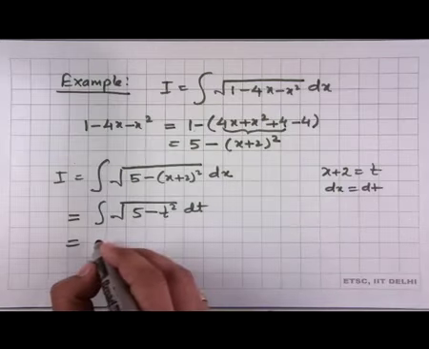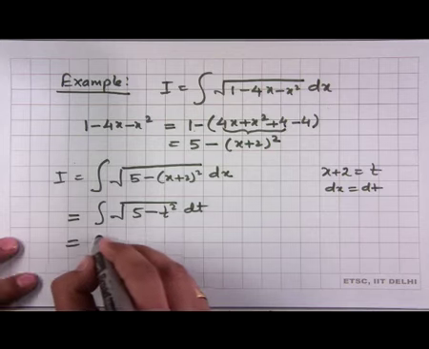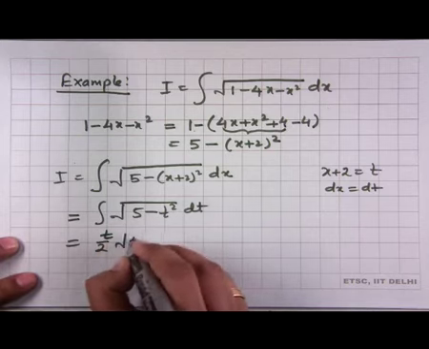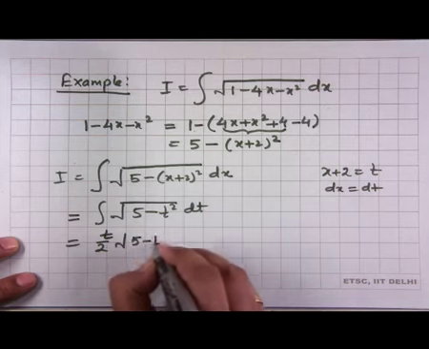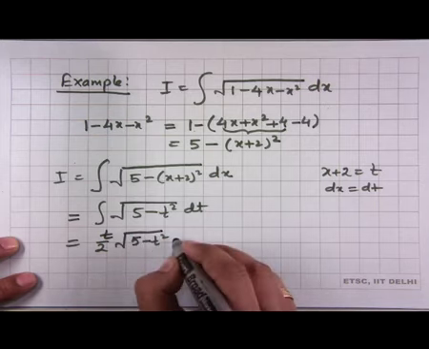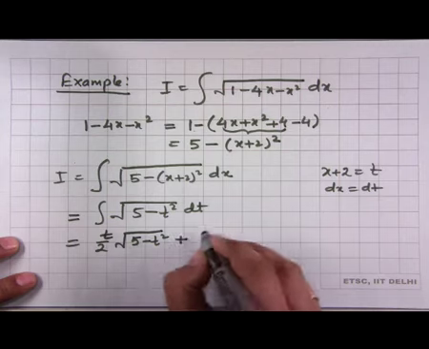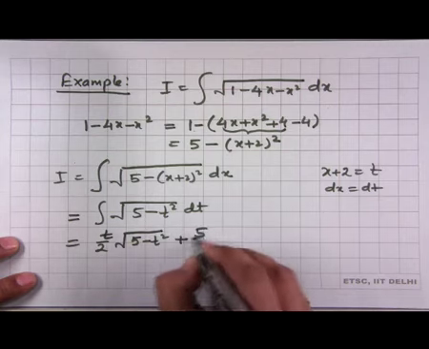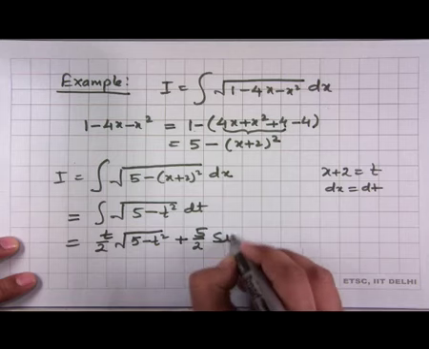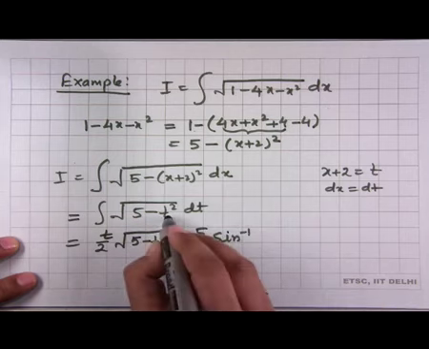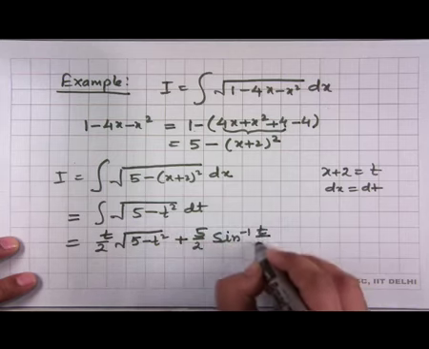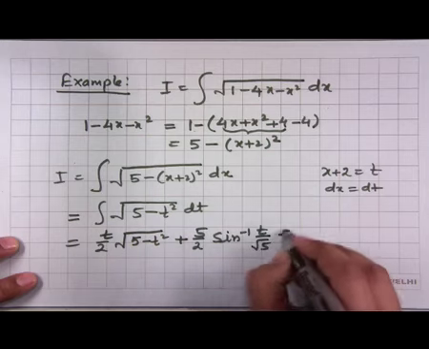So, I will get the integral as t by 2 square root of a square minus t square, that is 5 minus t square, plus a square by 2, that is 5 by 2, sine inverse t by square root of 5 plus constant of integration.